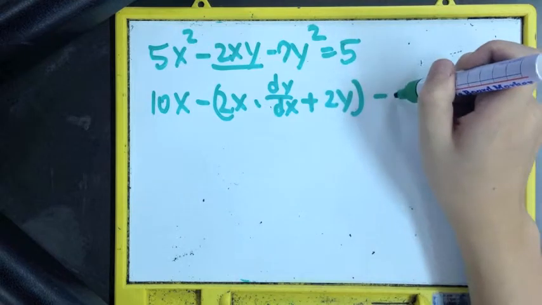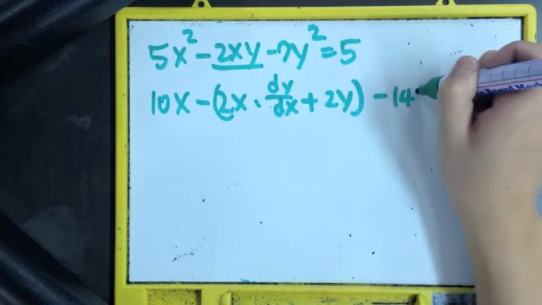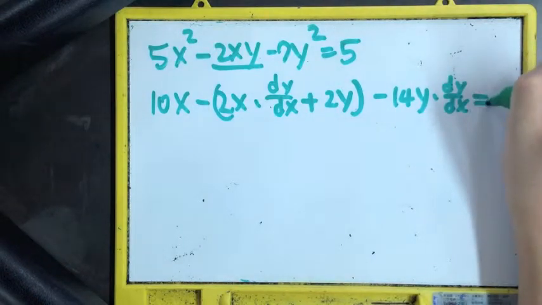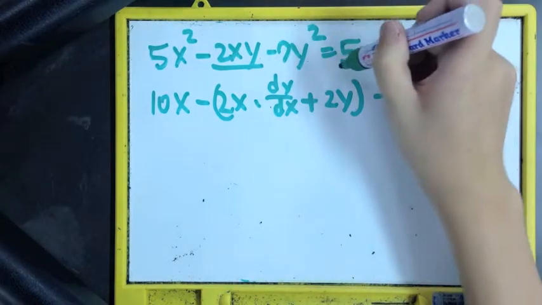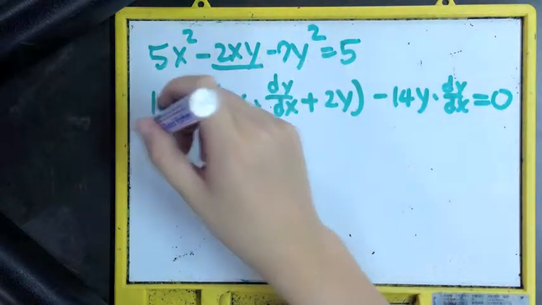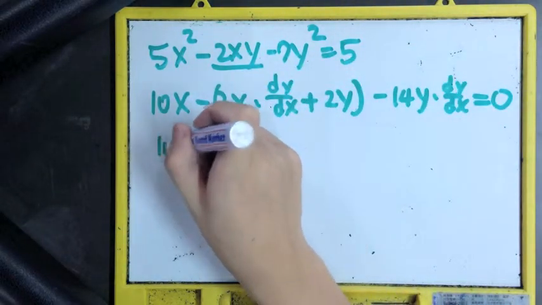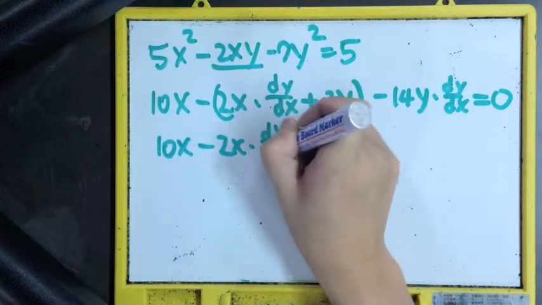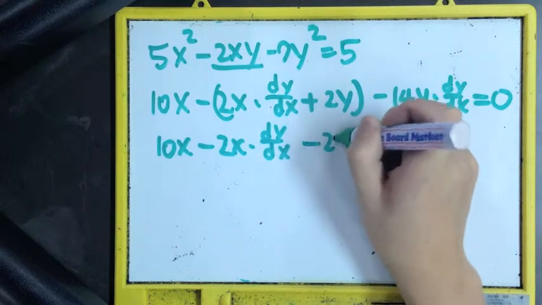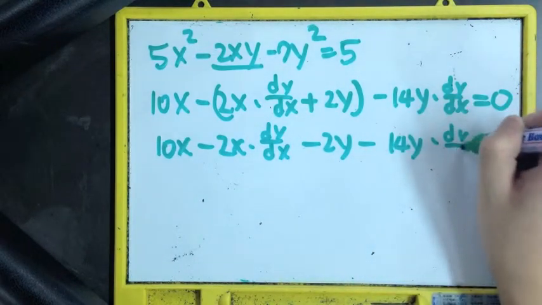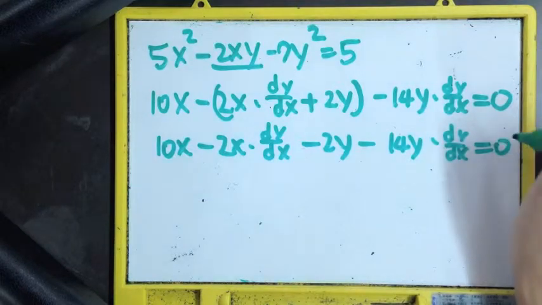And then minus 14y times dy over dx equals 0, since the right side is a constant, so its derivative equals 0. Now we rearrange that, so it becomes 10x minus 2x times dy over dx minus 2y minus 14y times dy over dx equals 0.